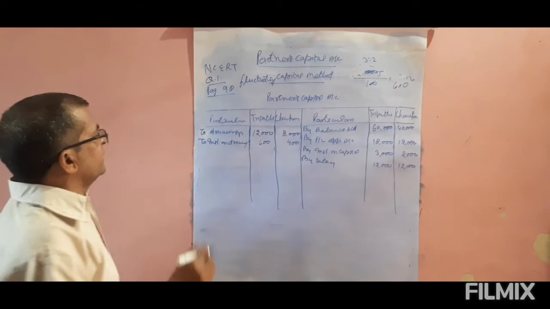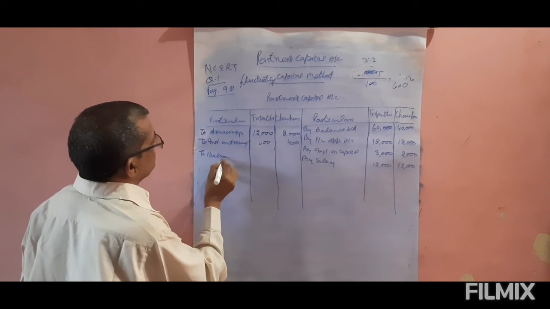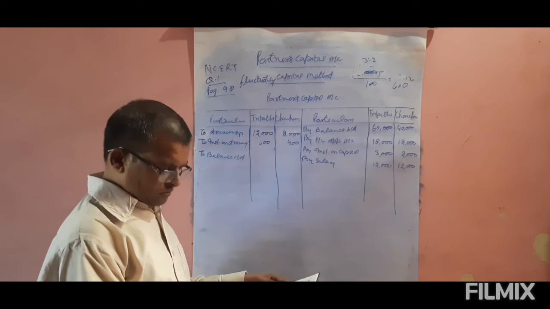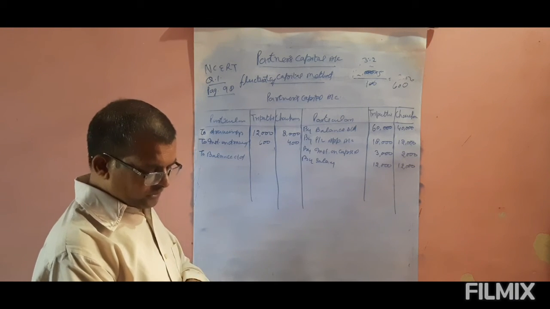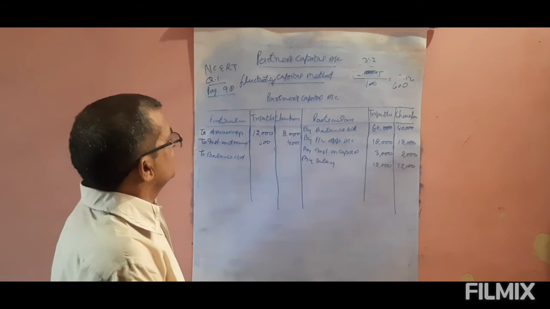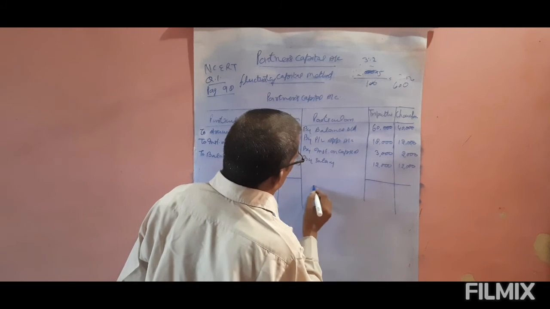No other entry is made. Then to balance CD, because in this question no other entries are there. All the entries are made. This is the balance. Now again we have to find out the total.